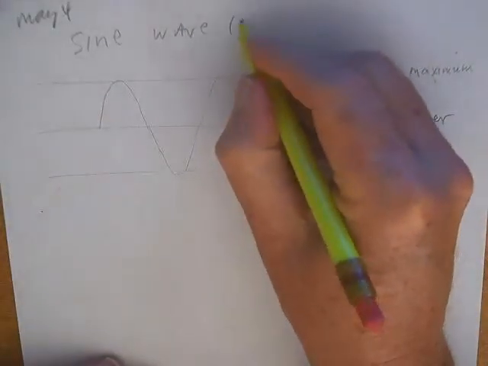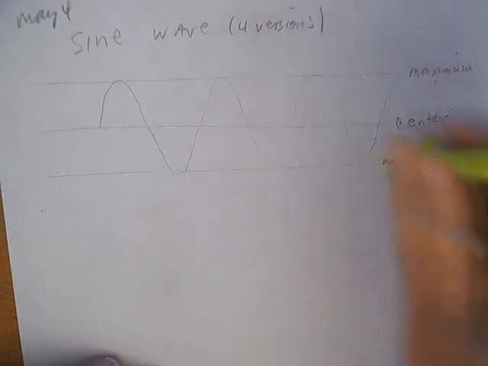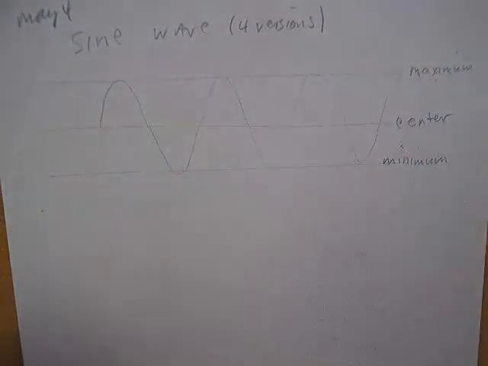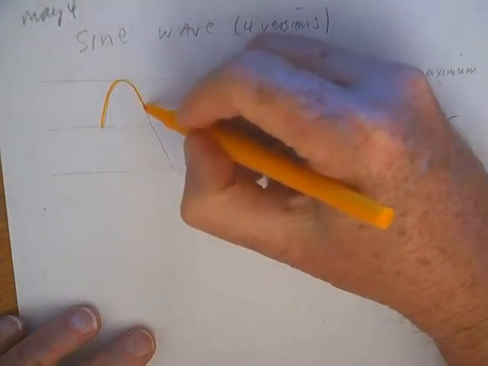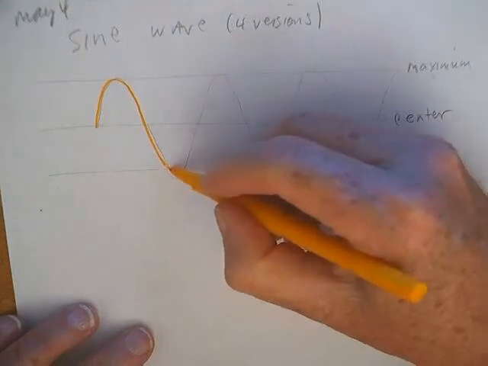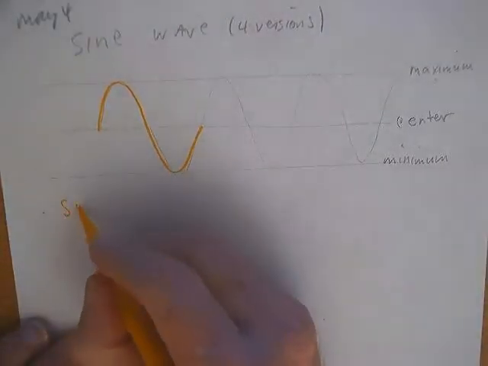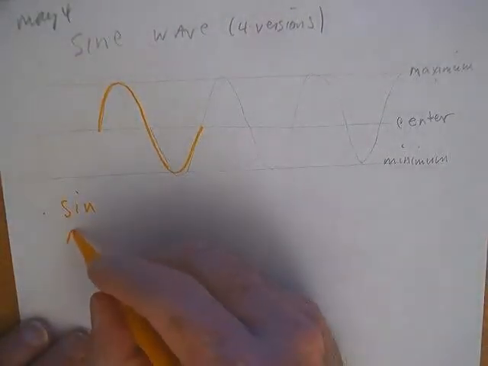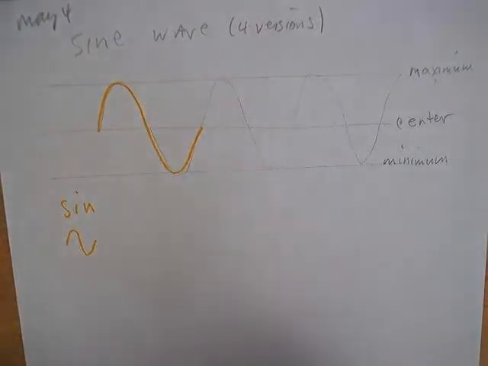There are also 4 versions of this. So let's talk about the versions. So I'm going to do this in yellow. I'm not sure if it's going to show up in yellow. That looks sort of yellow. That is the sine wave. Goes up, down, up. Okay?